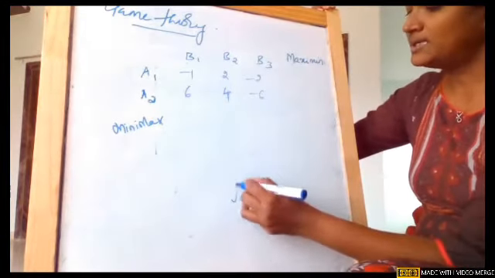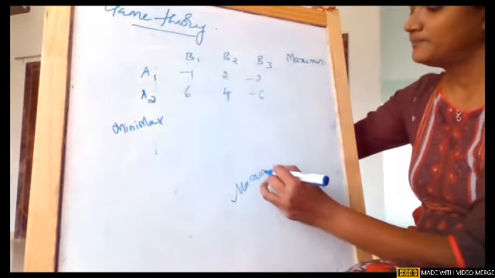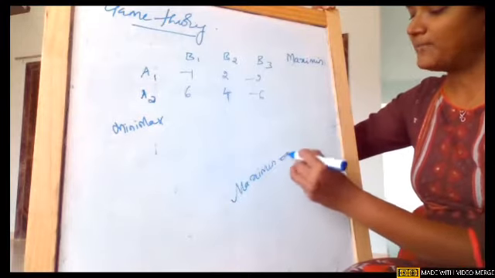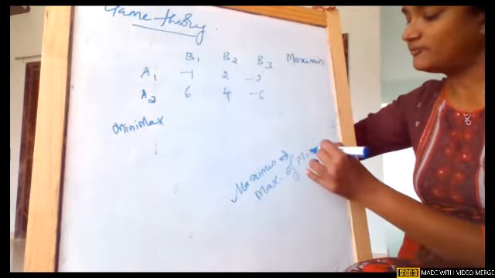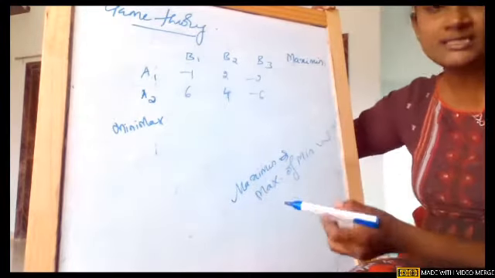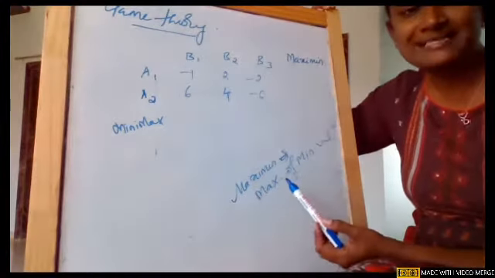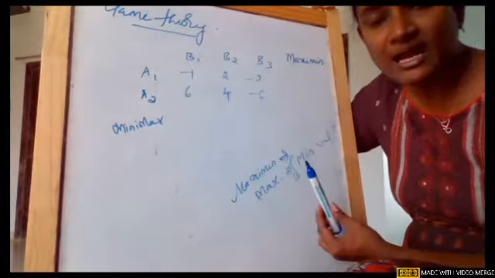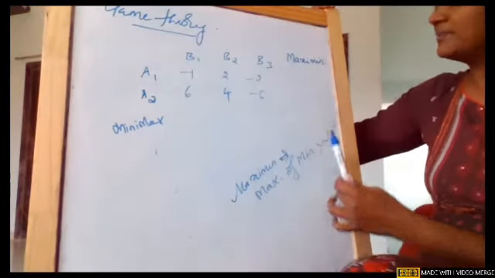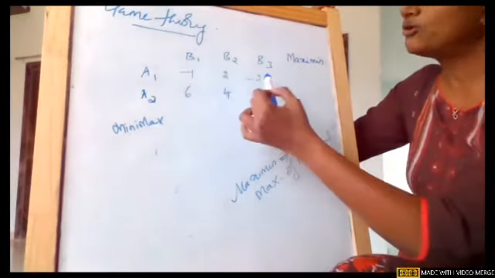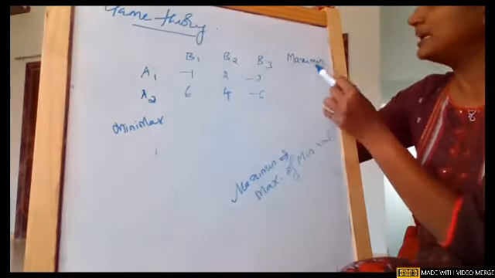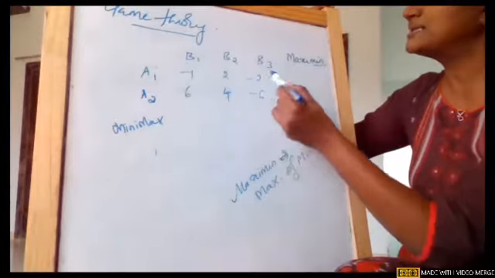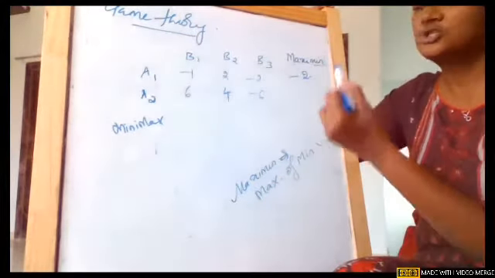So what is maximin? Maximum of minimum values. It is a short form of maximum of minimum values. Maximin represents the maximum value out of the minimum values. Simple, go row wise, pick the smallest value, the minimum value. When I go row wise, the minimum value is -2.